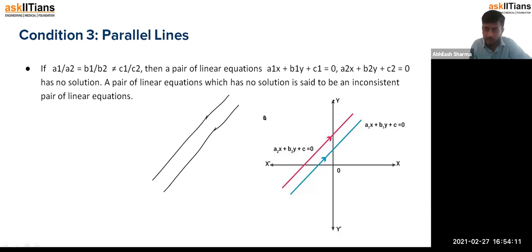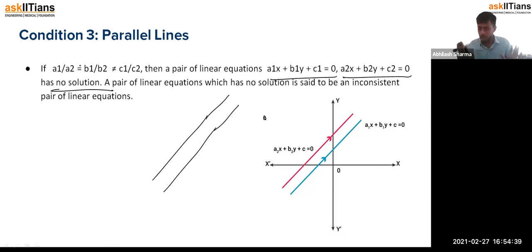So what we are saying is that if we plot the line L1, plot the line L2, and they turn out to be parallel, then obviously there will be no solution, because they never intersect, they don't have any common point which satisfies both of their equations. So in case of parallel lines, there will be no solution, and in case of no solution, the lines will be parallel.